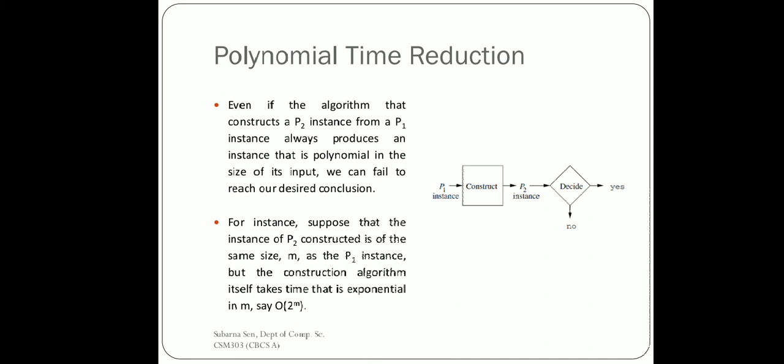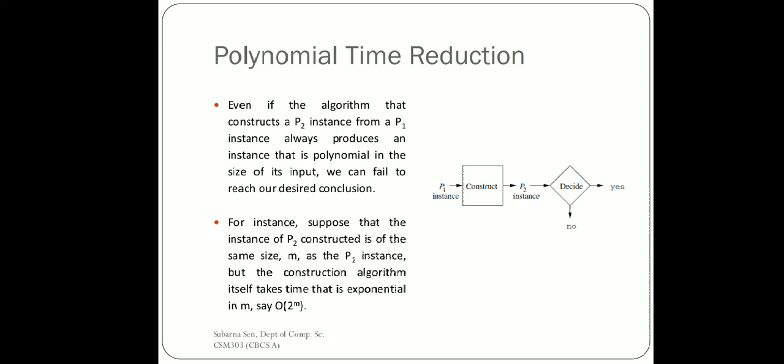Now for instance, suppose that the instance of P2 constructed is of the same size m as the P1 instance, but the construction algorithm itself takes a time that is exponential in m, right? You can see here we are feeding the output of P1 to P2, and it was of 2 to the power m.